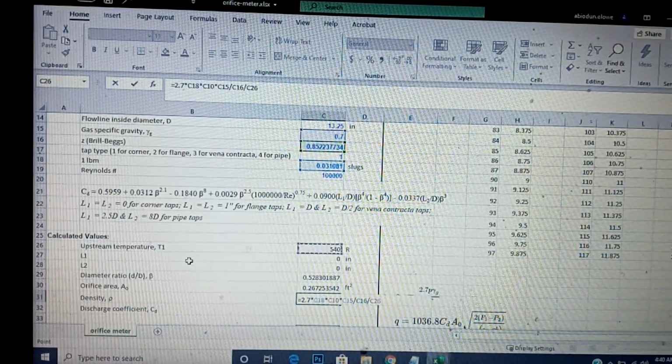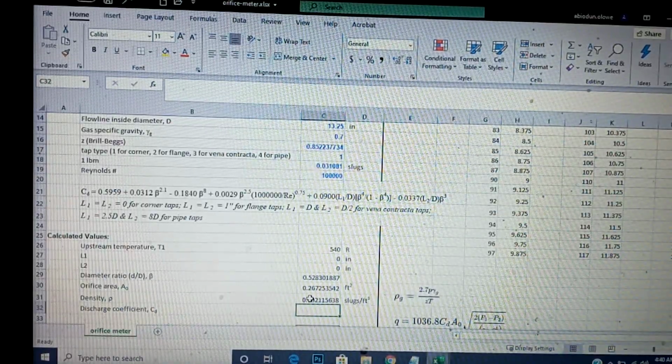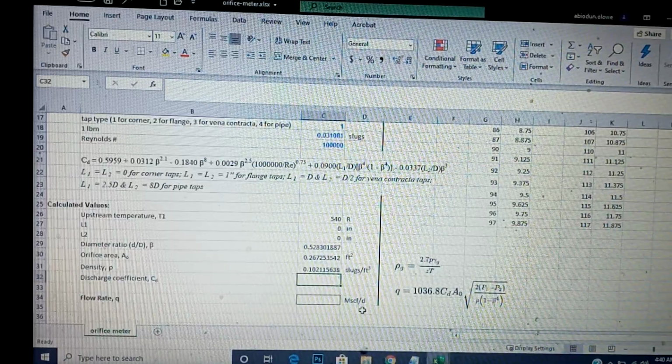Okay, enter. So that's my density in slugs per cubic feet.